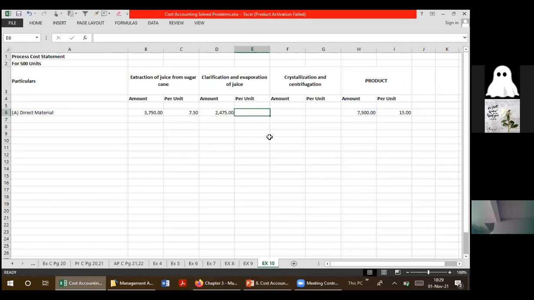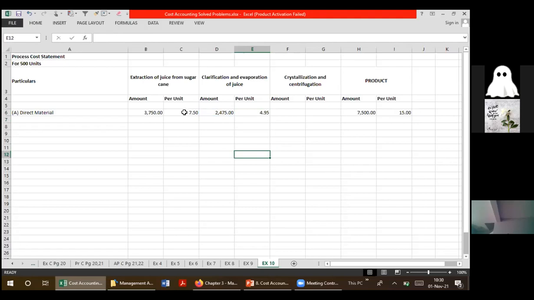You can do it any other way you want. Or 7,500 divided by 100 times 33, same answer. Okay, so then per unit cost also will be this divided by 500. That gives us 4.95. Okay, so per unit cost will always be the amount divided by 500.